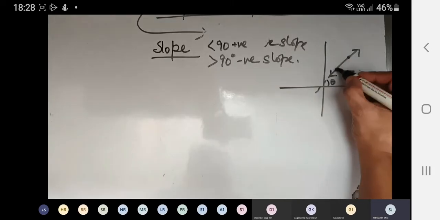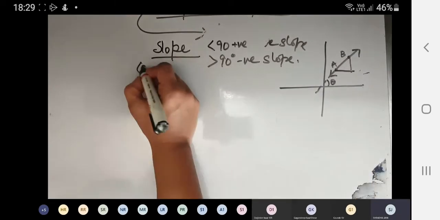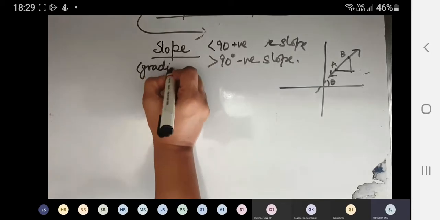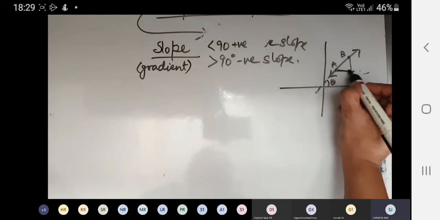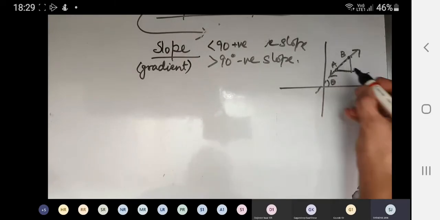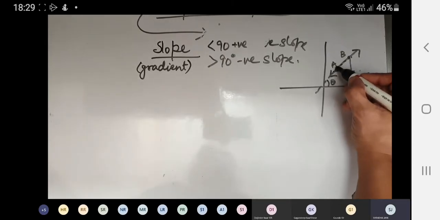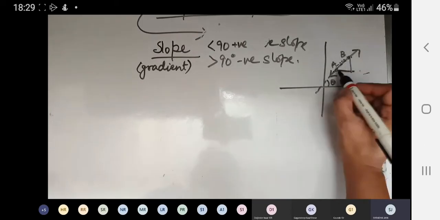So we will take any 2 points on the line. Another word we use for the slope is gradient. Gradient means, to climb this line, we are going straight on this slope. Another is to reach the point P.